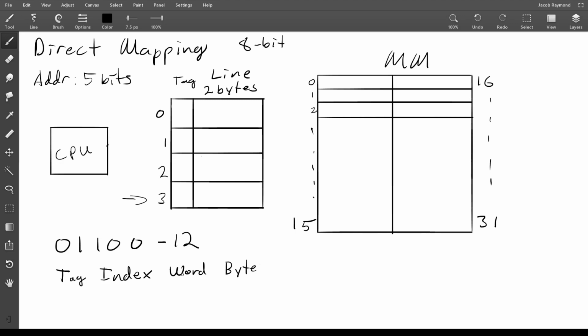So I always start with the index, and hopefully it'll be clear why. And it will become more clear as I talk about the other cache organizations, because computing the size of the index portion of the address is the same for pretty much all of the cache organizations that I'll be covering. So for the index here, what we want to do is figure out how many indexes there are.